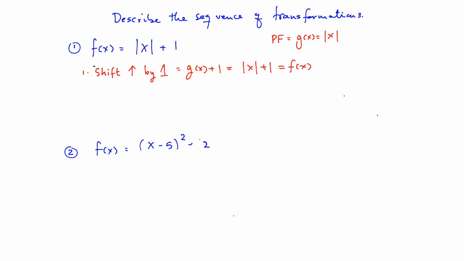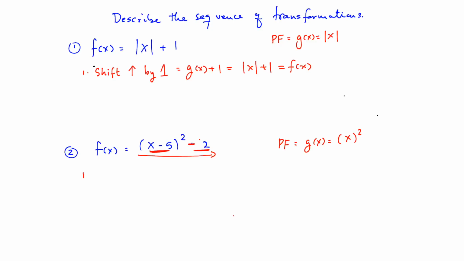Okay, let's look at the next question. For the next question, when I look at that function, I can see what the parent function is. I hope you also see it. From that level of abstraction, the parent function, g of x, is x squared. If I'm reading from left to right, then I can talk about this horizontal movement, and then I can describe the vertical movement.